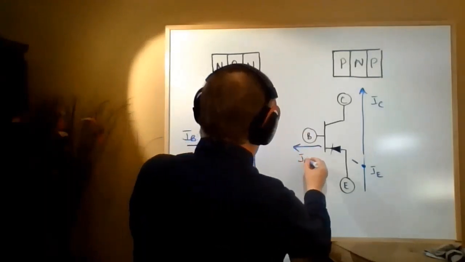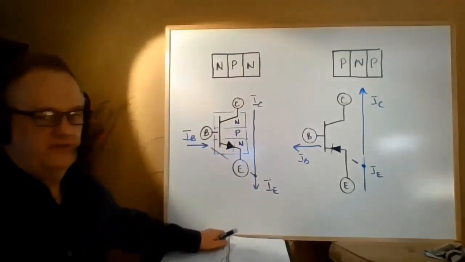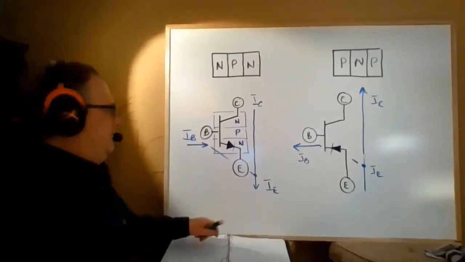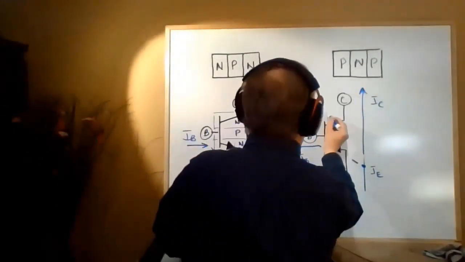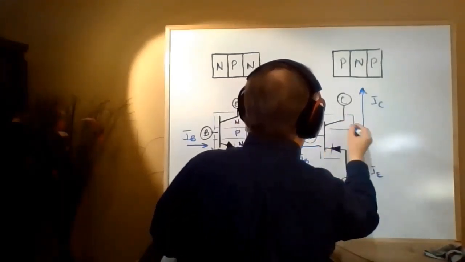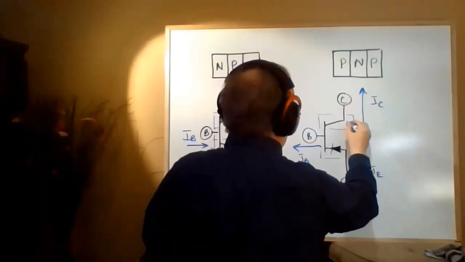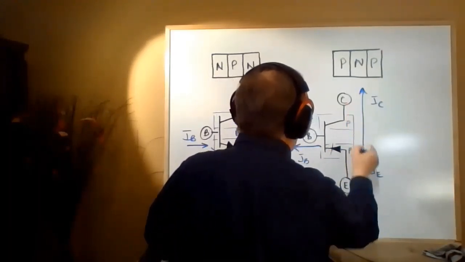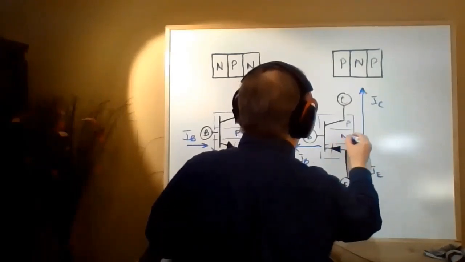So here's I of B. It's really just a difference in the polarity and the hookup. But the other difference is this. Here's the layers: this is now the collector connected to P-type, the emitter also connected to P-type, and the base to N-type.